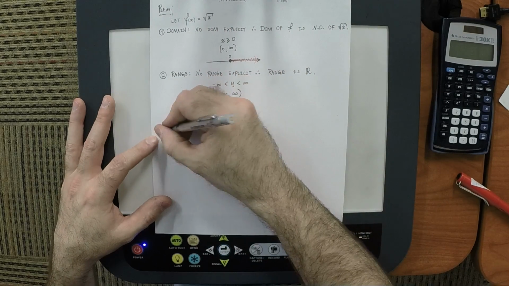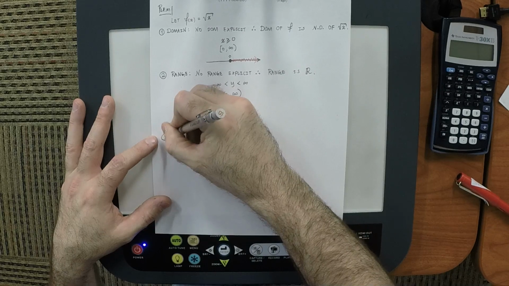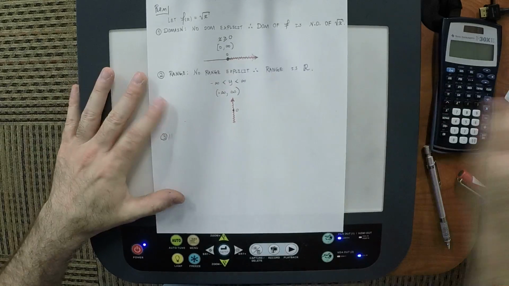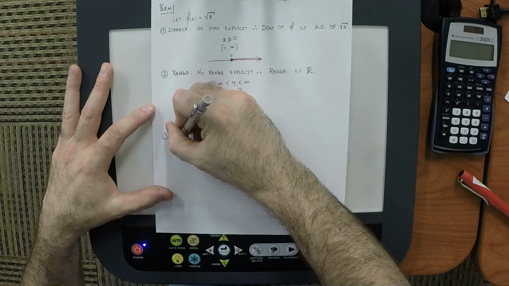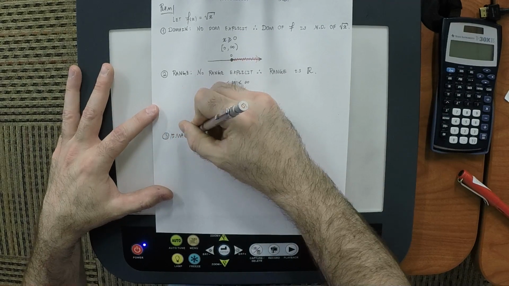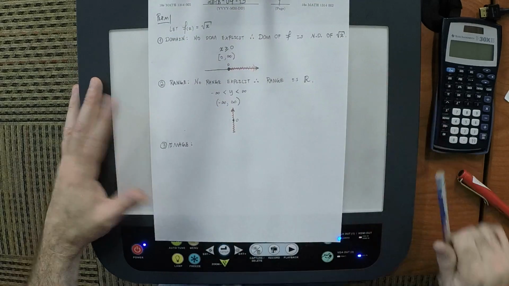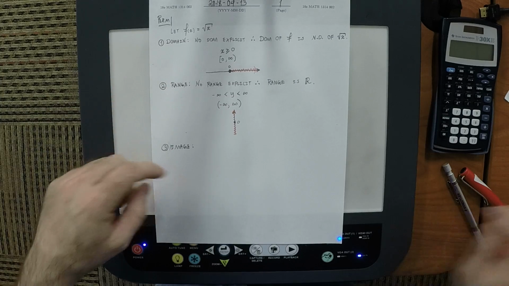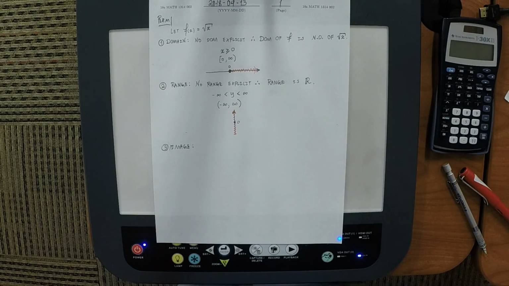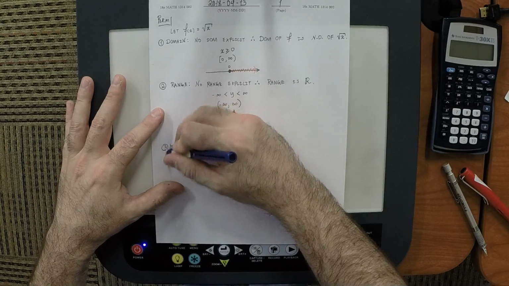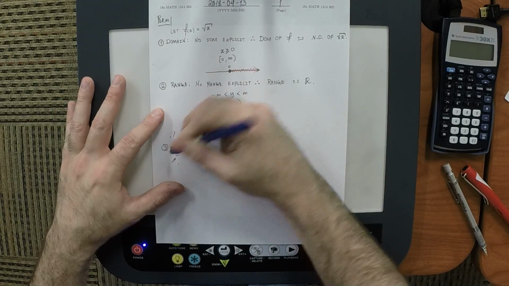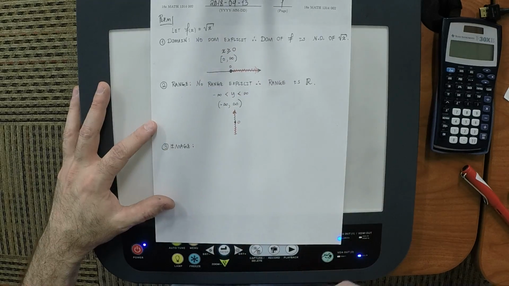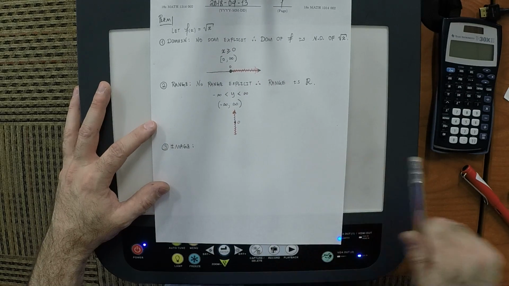Domain, range, image. Okay, so now that we have all three of these words written on the page, domain and range and image, I will remark that historically it has been my experience that students have difficulty separating the concept of range and image.